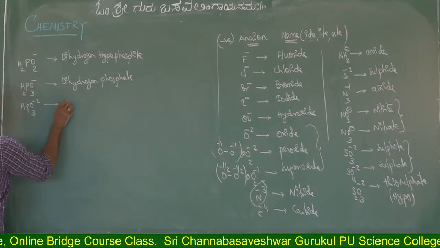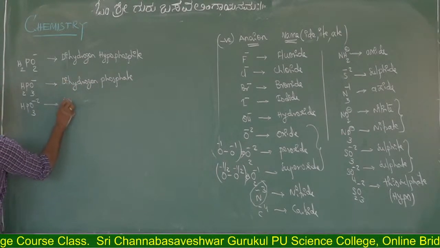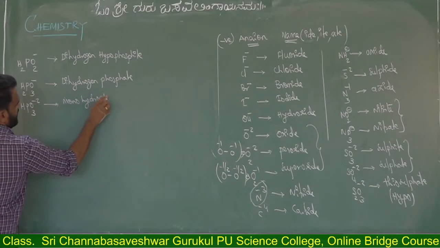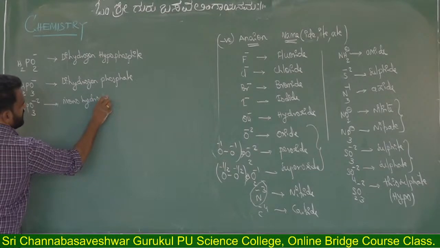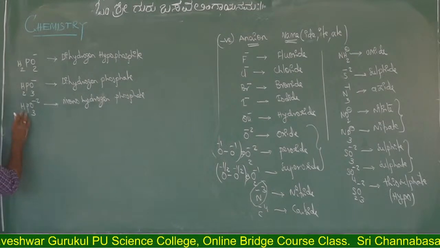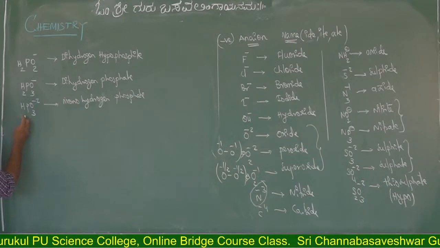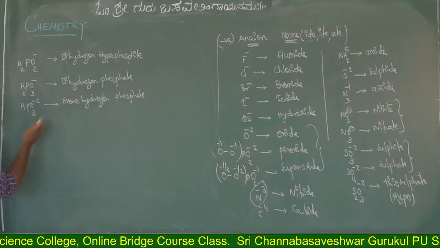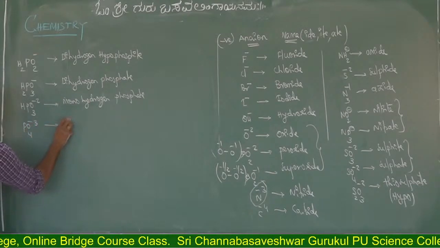Same as dihydrogen, here only one hydrogen means monohydrogen phosphate. Next PO4 minus 3. This is phosphate.